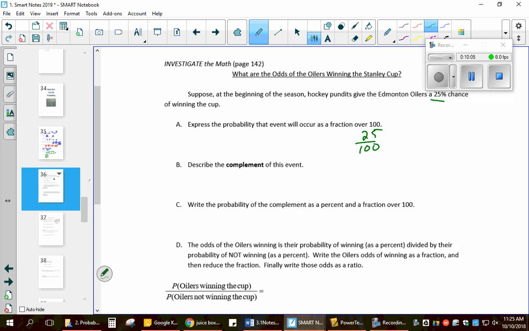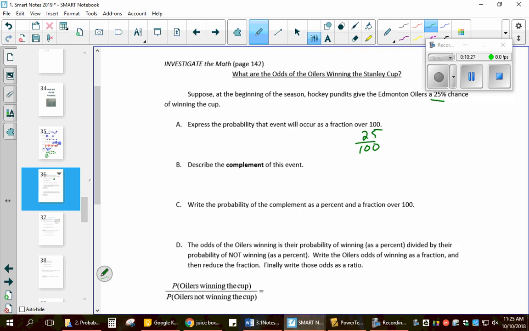Okay, describe the complement of this event. You guys remember what complement meant? It was like the prime symbol when we were doing this unit before. Complement meant everything but, right? So if you've got a 25% chance of winning, the complement would be your percent chance of losing.